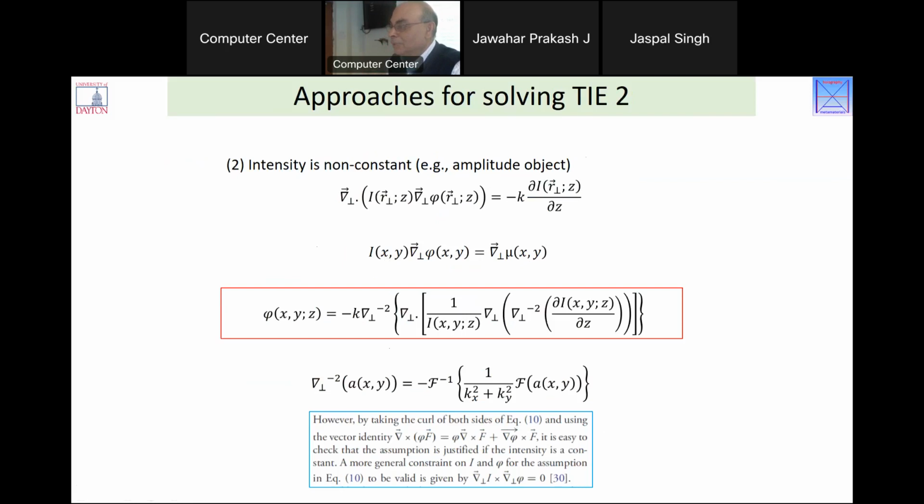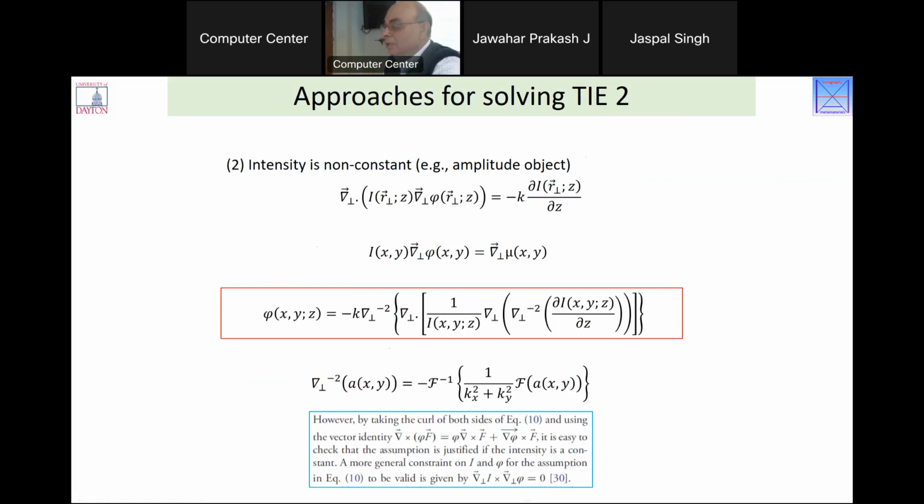Now, who would think of such a thing? Well, there is a reason. If you could think of a function, whatever it is, fictitious for now, such that this can be written as the gradient of mu, see what's going to happen. Then that gradient dotted with this gradient will become the Laplacian.